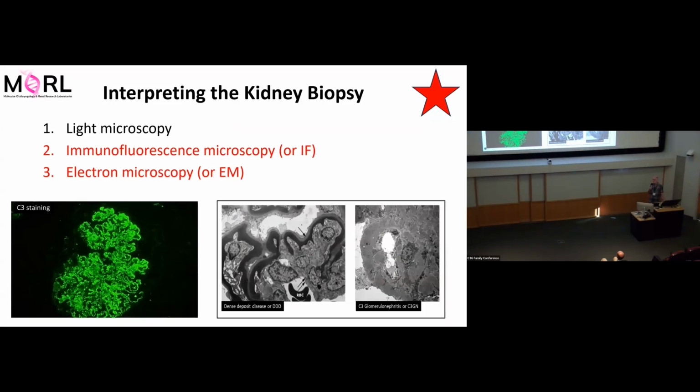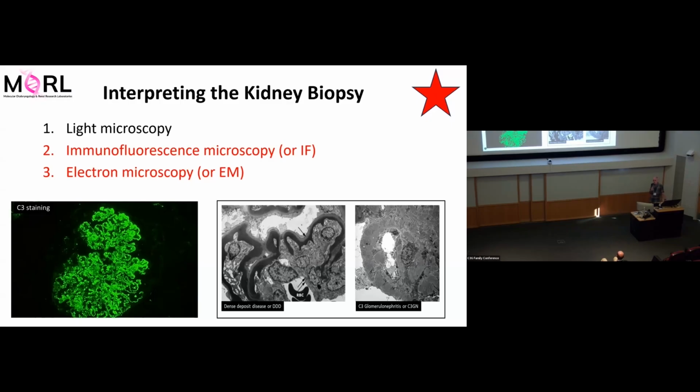So this is the first important slide, Brian. When they do the biopsy and when they read the biopsy, they do light microscopy, immunofluorescence or IF, and electron microscopy or EM. And to make the diagnosis of C3G, the important two points here are the IF and the EM.